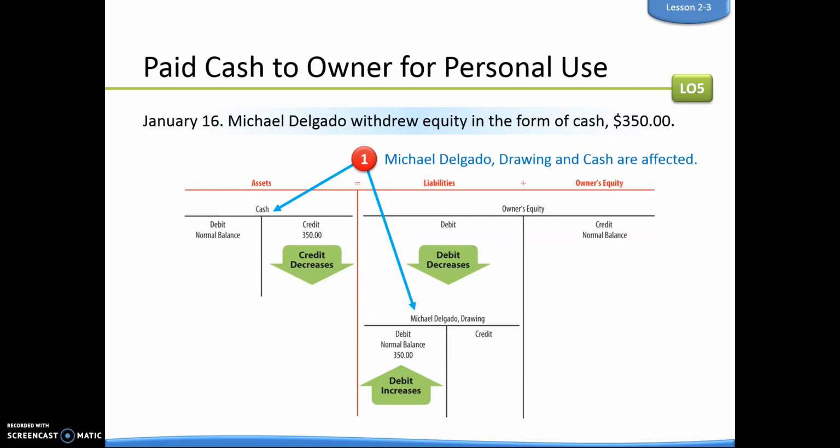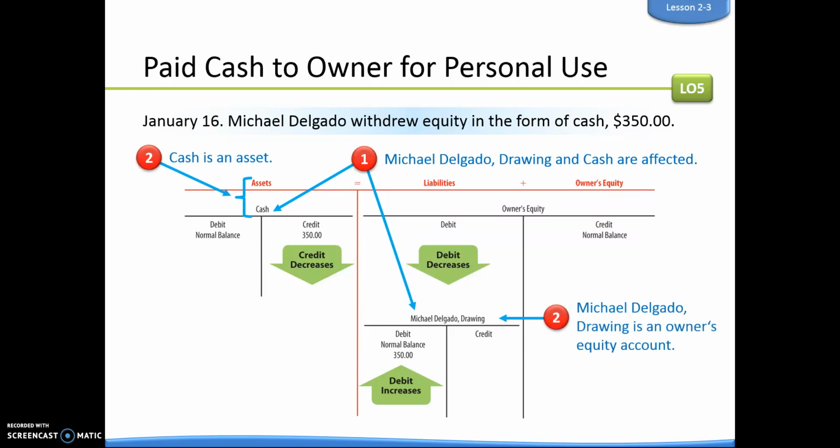We need to think about how is each one classified. We know that cash is an asset. We now know that Michael Delgado drawing is technically an owner's equity account. So again, let's think about how is each of these changed. Well, it says that we withdrew money in the form of cash, so that means that cash is going down or it's decreasing.